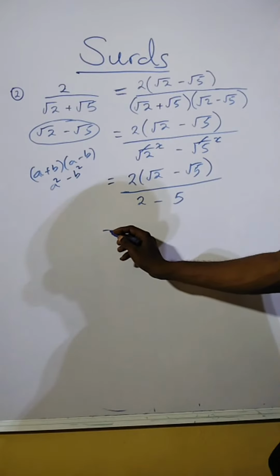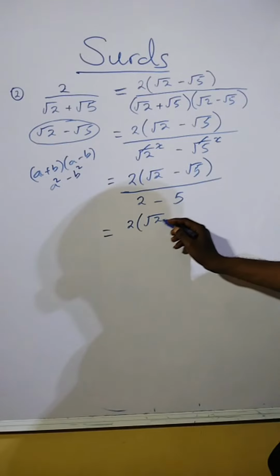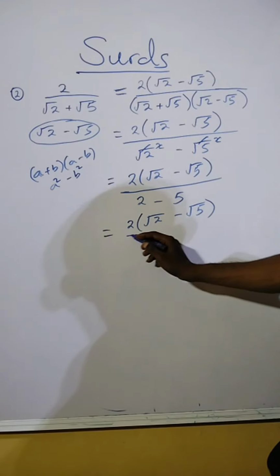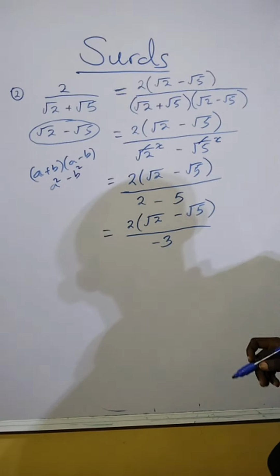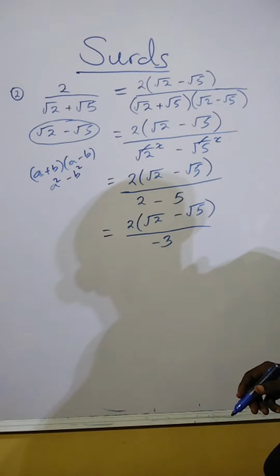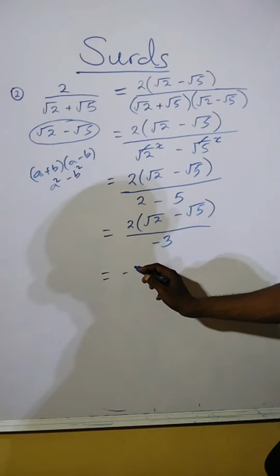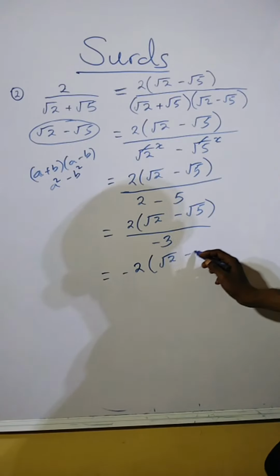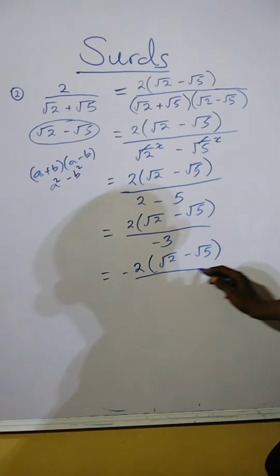That's this. Here we have 2 into bracket root 2 minus root 5, then divided by 2 minus 5, that's minus 3. Okay, and also this can be written as minus 2 into bracket root 2 minus root 5 all over 3.